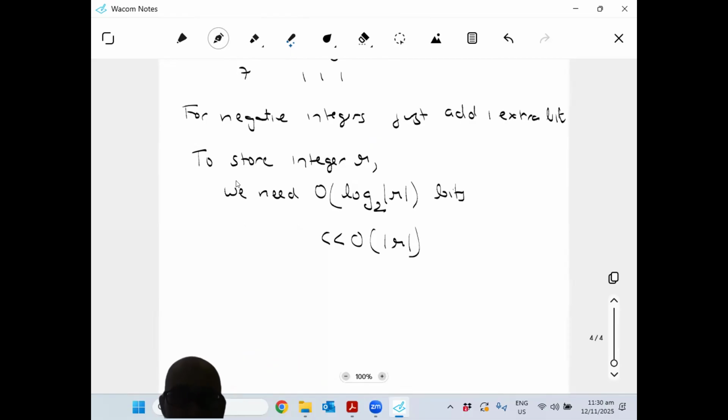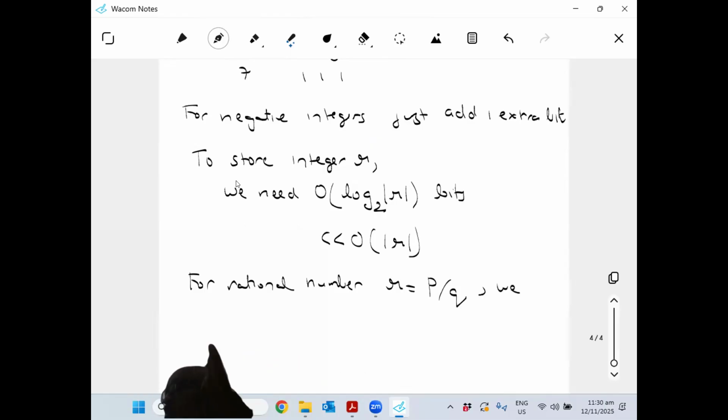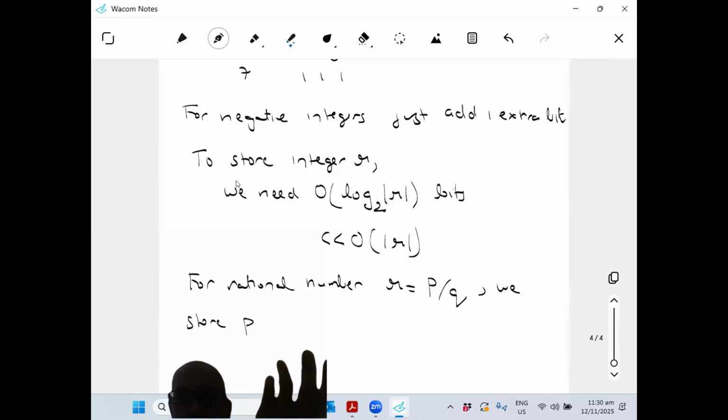So what do we do for rational numbers? It's not difficult. For a rational number, let's say R is P by Q. What do we store? We store P and Q separately using bits, where P and Q are integers.